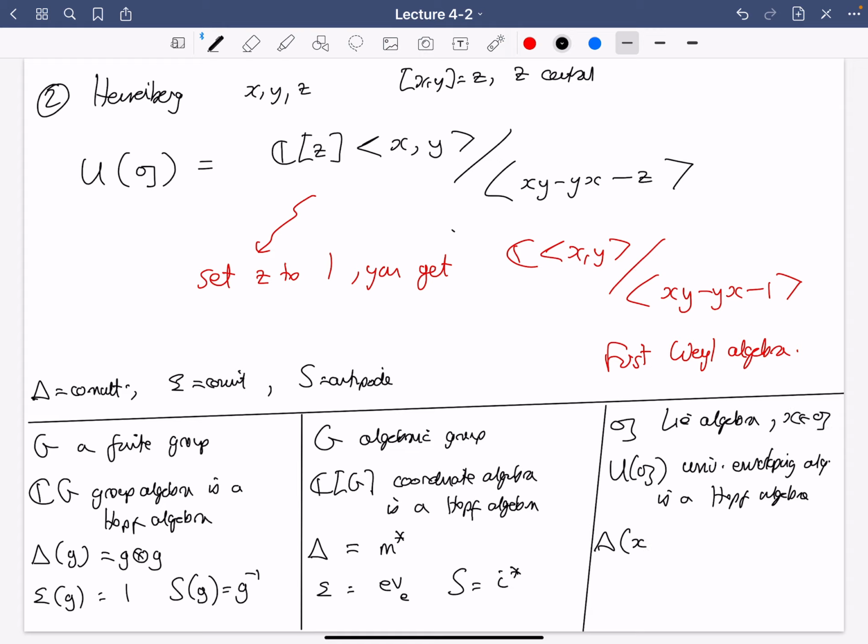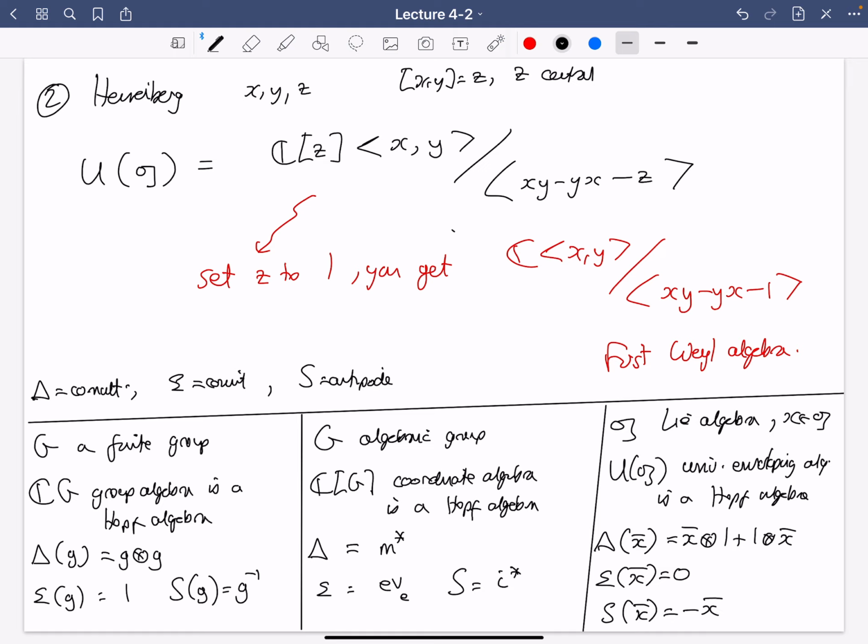Then I had this x bar, remember that was the image of x under the canonical map from the Lie algebra G to its universal enveloping algebra. The co-multiplication on x bar is given by x bar tensor 1 plus 1 tensor x bar. The co-unit on x bar is 0, and the antipode of x bar is minus x bar.